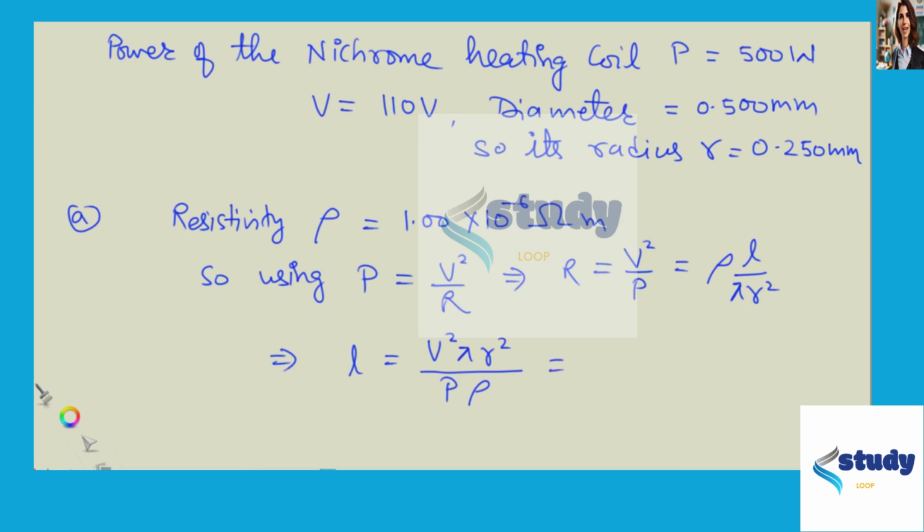So plugging in all the known values here, for V this is 110 square into 3.14 for pi, then the square of radius, which is 0.250 millimeter or 0.250 into 10 raised to the power minus 3 meter square, and divided by power, which is given as 500 watt, into resistivity 1.00 into 10 raised to the power minus 6.